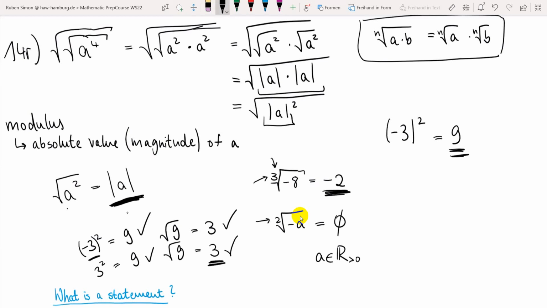So you can also tell that this will turn out to be the root of A squared. So you don't need the absolute value dashes in here. Actually, you wouldn't have needed them anyway, because the modulus operation tells you that this is a positive number, and of course a positive number squared is still a positive number. But anyway, you can get rid of these modulus operations at this point.